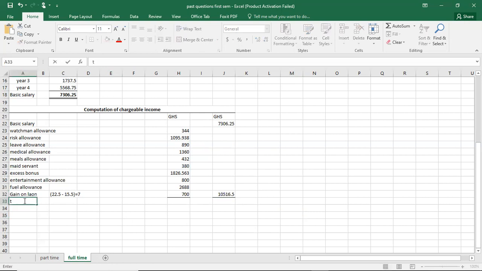And so therefore, my total cash emolument is going to be equal to the basic salary plus the cash allowances.